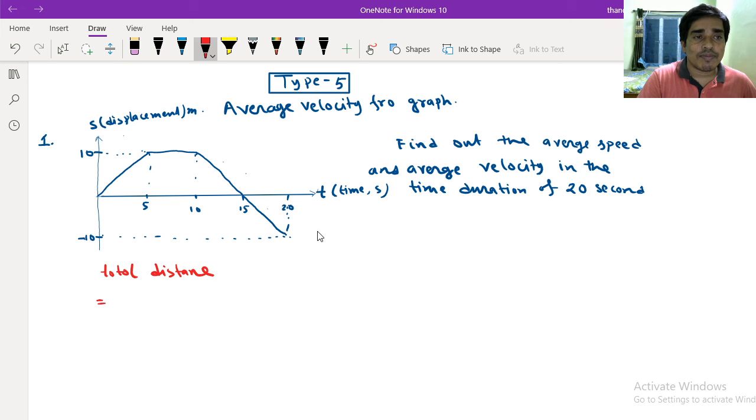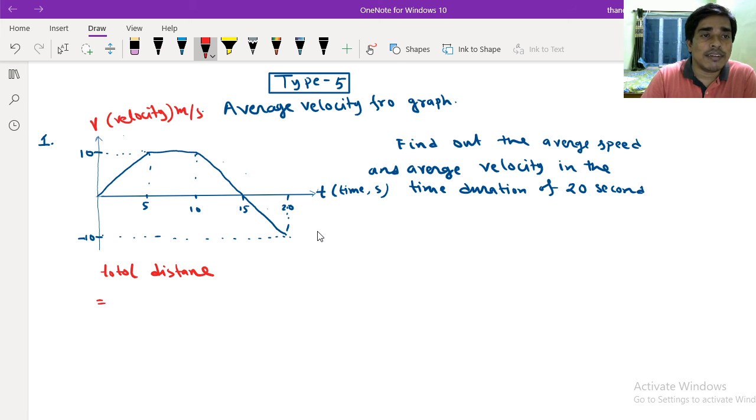This is a V, that means velocity, meter per second, and this is time.